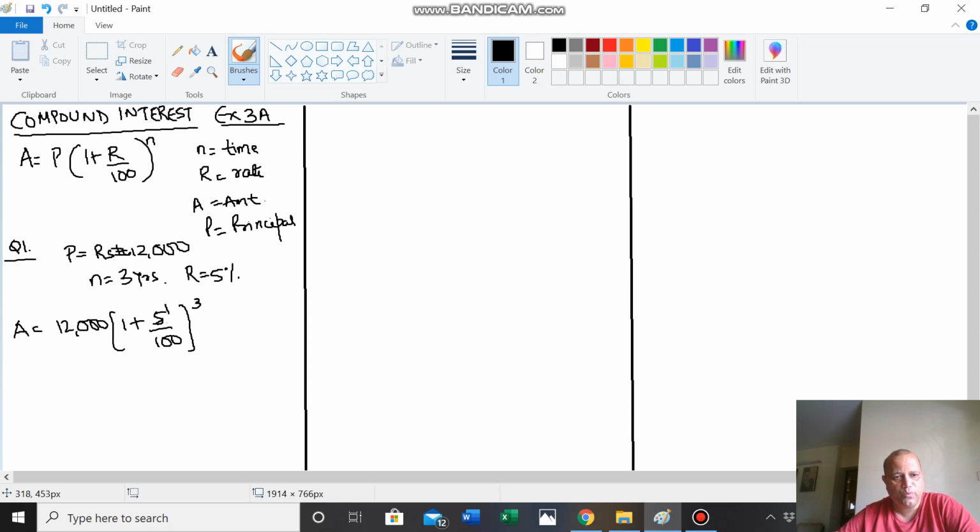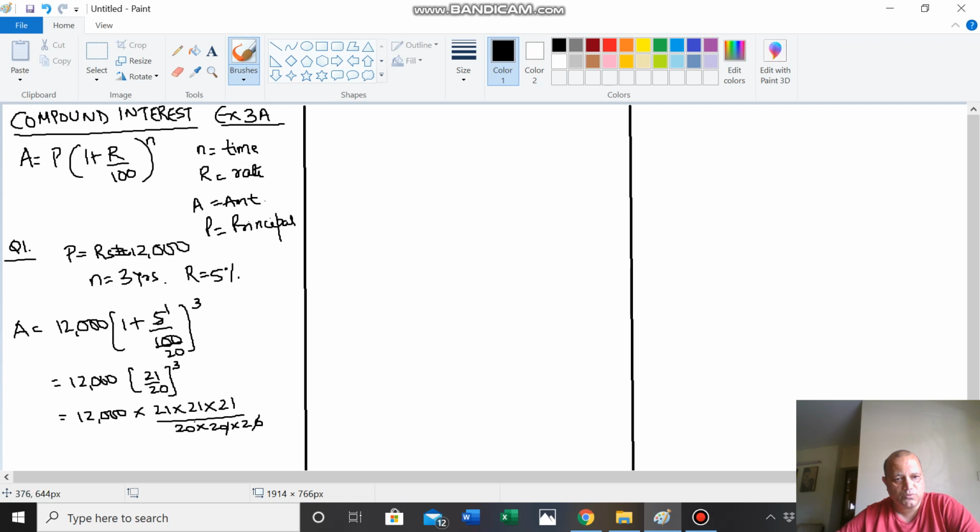So this is 5 into 20, so it will be 12,000 multiplied with (21 by 20) raised to the power 3. So this will be equal to 12,000 multiplied with 21 into 21 into 21 upon 20 into 20 into 20.